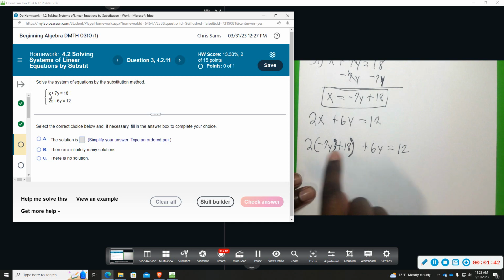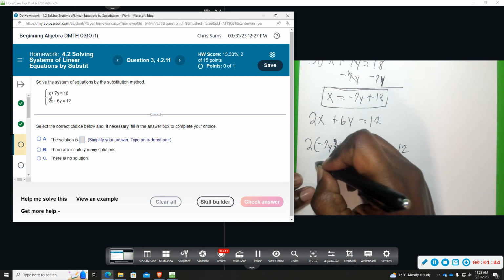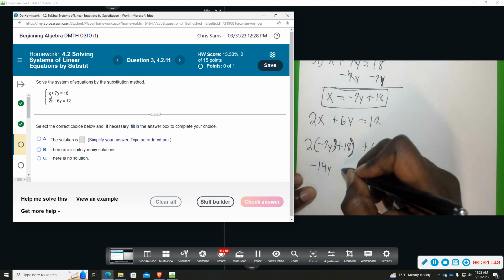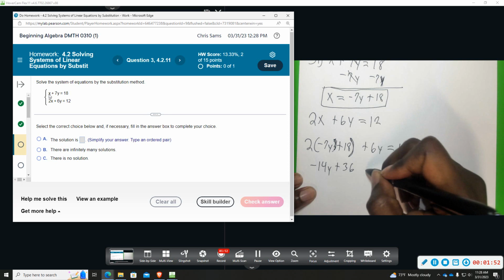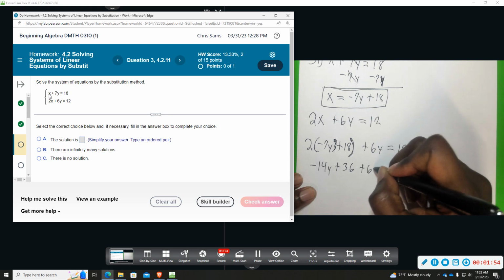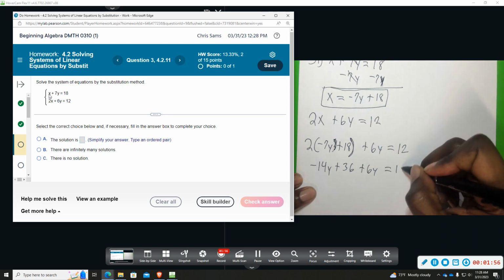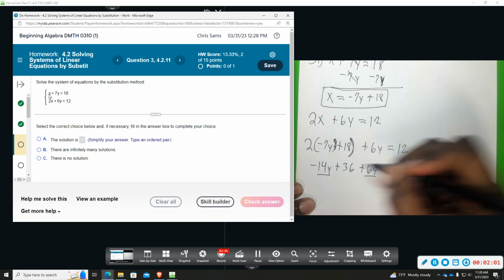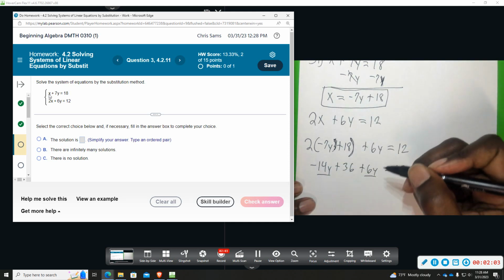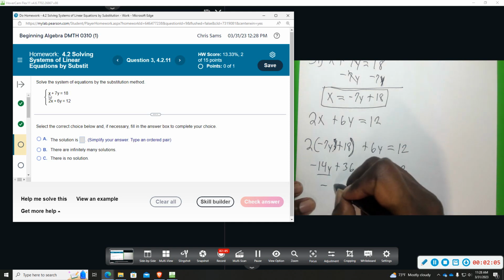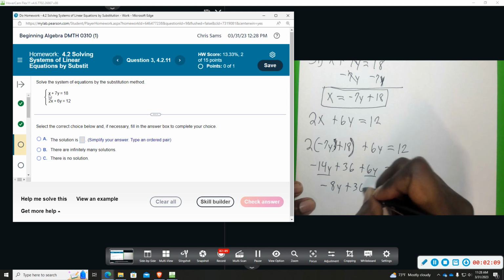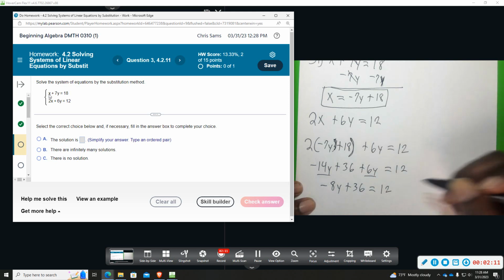So I'm going to distribute the 2. 2 times negative 7 will give me a negative 14y. 2 times 18 will give me a positive 36 plus 6y equals 12. All right, so we're going to combine like terms here. So you subtract, and that's going to give us a negative 8y plus 36 equals 12.